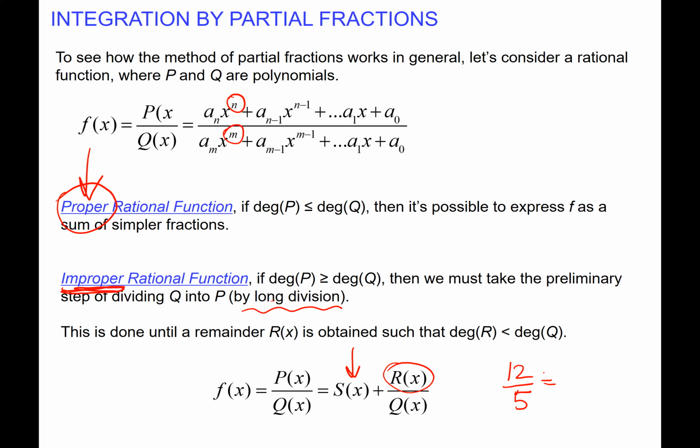If I divide 12 by 5 is 2, well, let's say 13, because I don't want to repeat the quantity 2. 13 divided by 5 is 2, that's the quotient. And then what's left? 3 over 5. That's what we will do with the polynomials. Remember. And then this will be a proper rational function, and then we can investigate if it's case 1, 2, or 3, and then solve it.